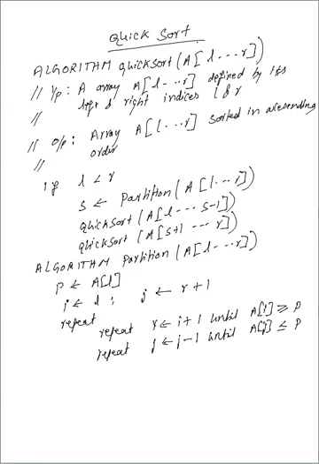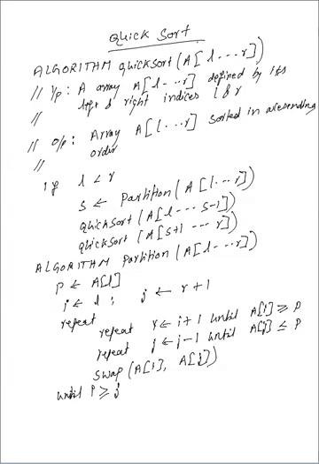Next, after doing this, what you have to do? Swap A of I, comma A of J, and repeat the above until I is greater than or equal to J. That you have to make a note. Until I is greater than or equal to J, you keep on repeating.